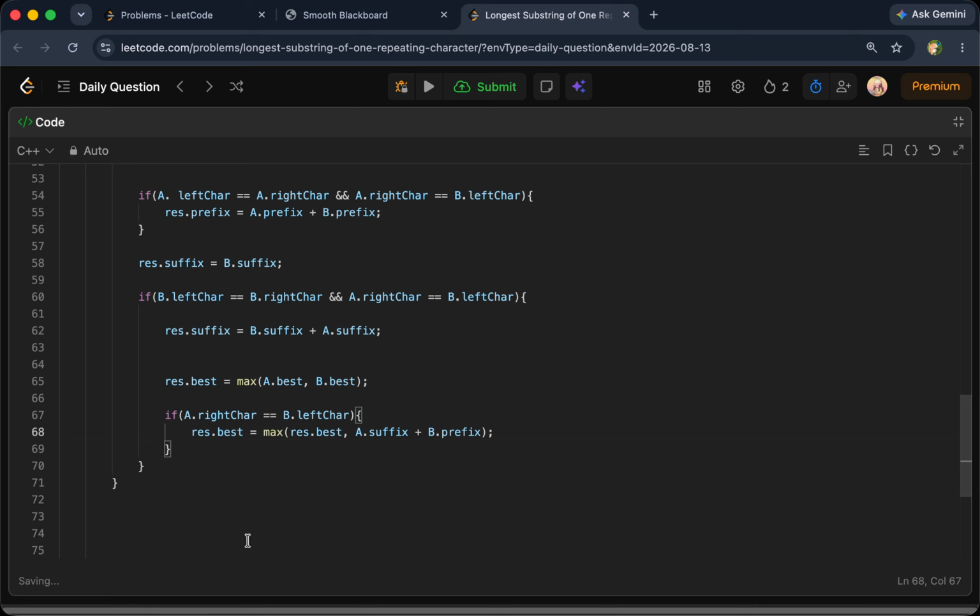See, finally we check if the group crosses the boundary. If the left child ends with the same character that the right child starts with, we can combine the left suffix and right prefix. Then last we just return the answer.